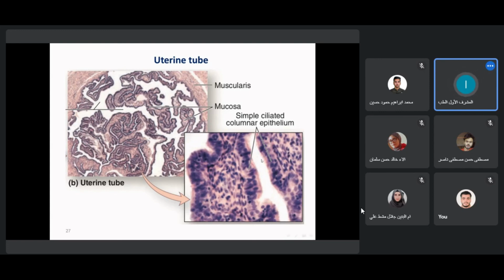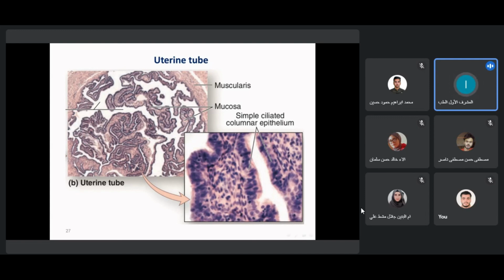The non-ciliated has a secretory function to provide substances important for nutrition of the passing oocyte, and a supportive loose connective tissue underlying lamina propria. Then the muscular wall, which consists of inner circular and outer longitudinal layers of smooth muscle, and the serosa.